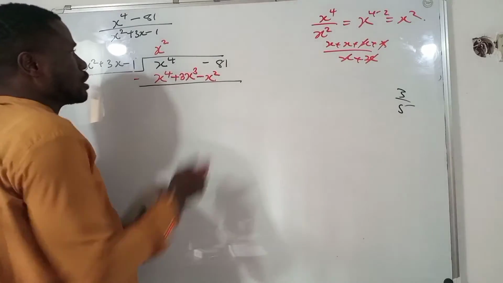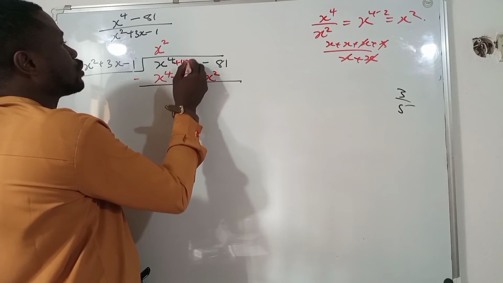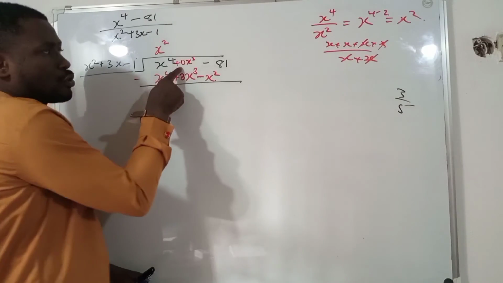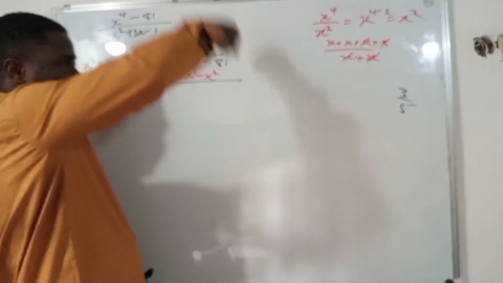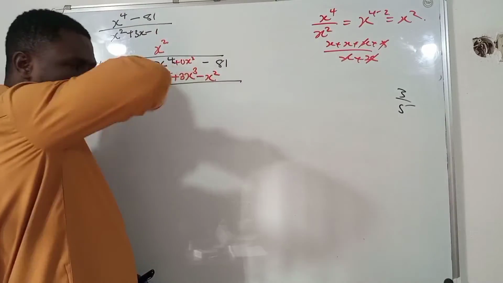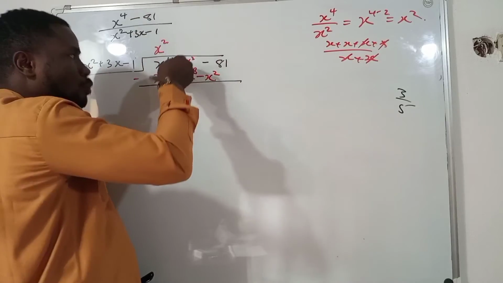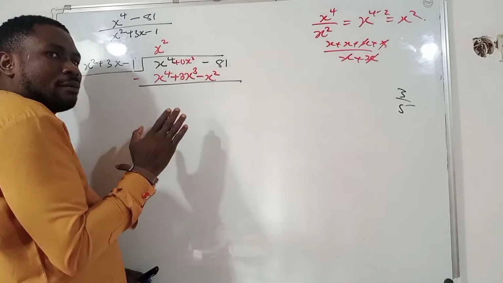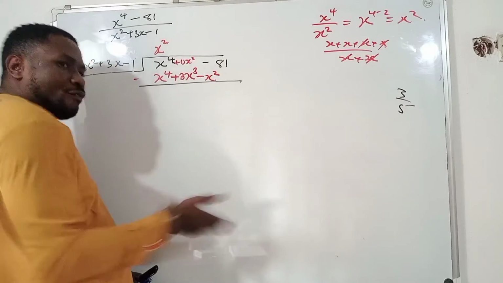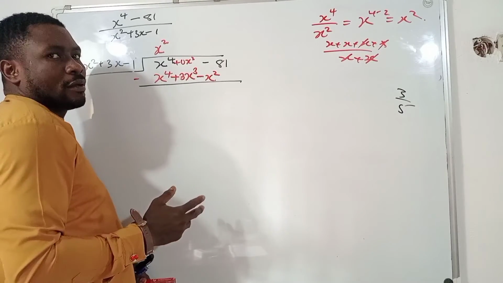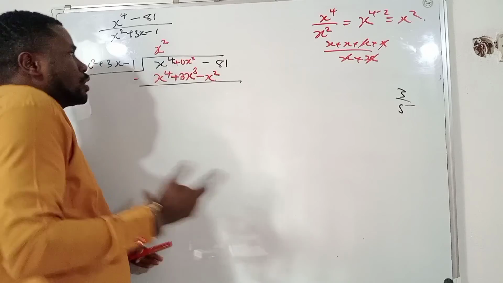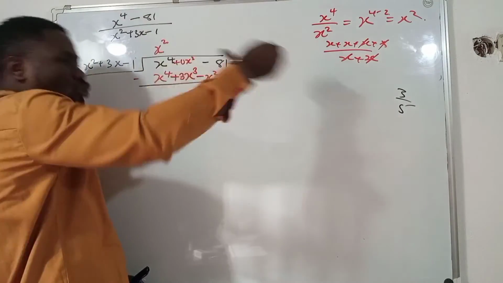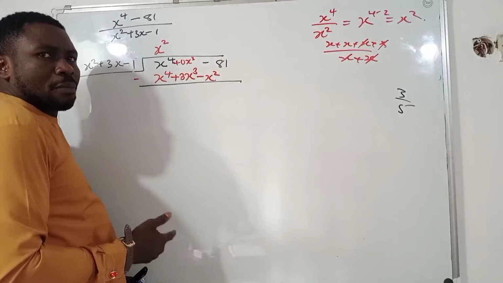If I'm to introduce it, it would have been 0 x raised to power 3. I will give it a coefficient of 0, so that 0 times x raised to power 3 will turn to 0, because originally there was no x raised to power 3 there. So whatever I'm bringing must be such that it will disappear. It will not exist there, which is why I am putting 0. If I say 2x raised to power 3, I have introduced something that wasn't there from the beginning.